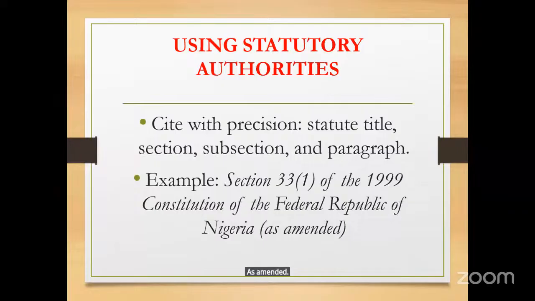So it has to be properly cited. The purpose of citing is so that the individual can refer to it. Like I said, it makes no sense if one is cited and the other party cannot verify.